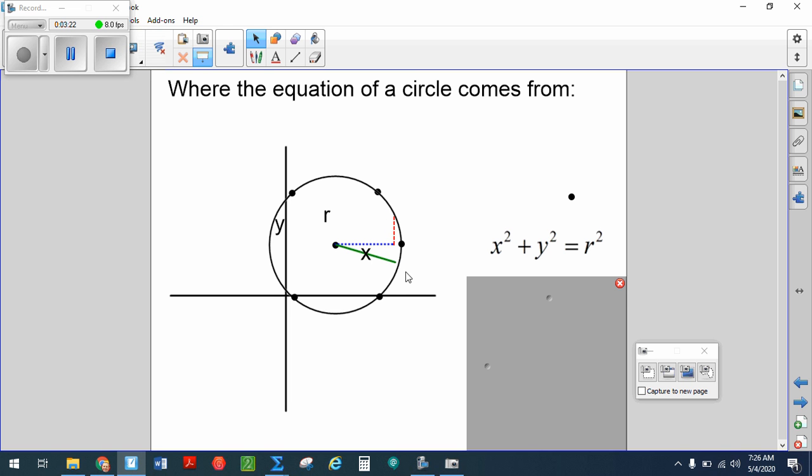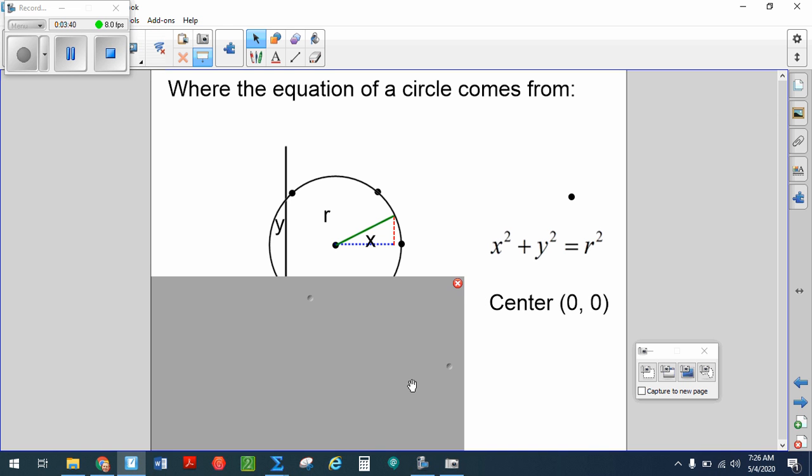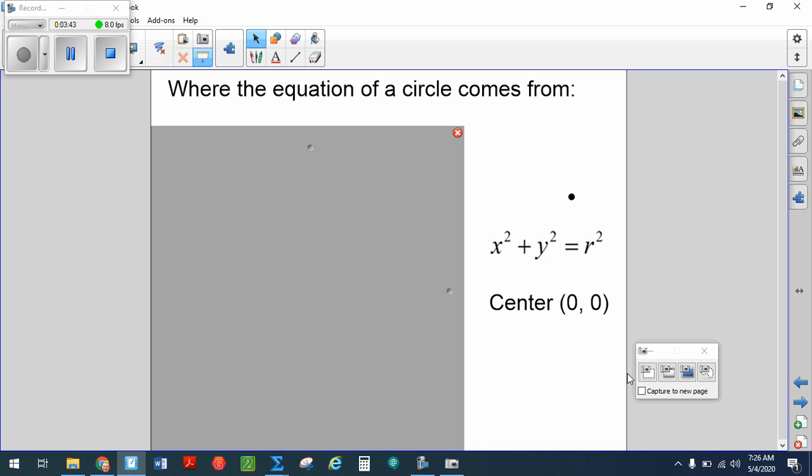So there are different values of x and different values of y that would still satisfy this equation, x squared plus y squared equals r squared. For our purposes, x squared plus y squared equals r squared is going to be the equation of a circle when the center of the circle is at 0, 0.